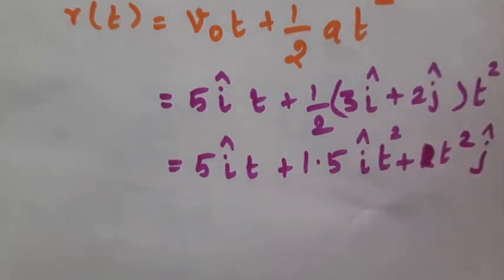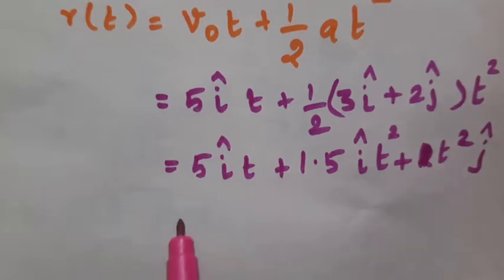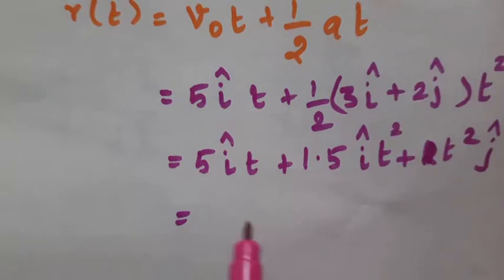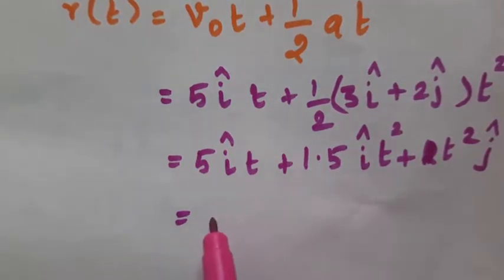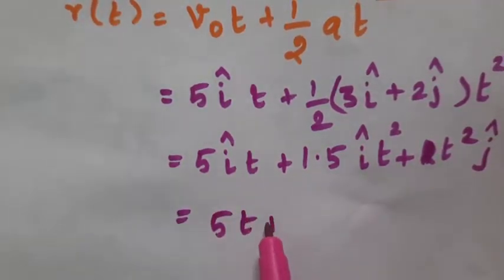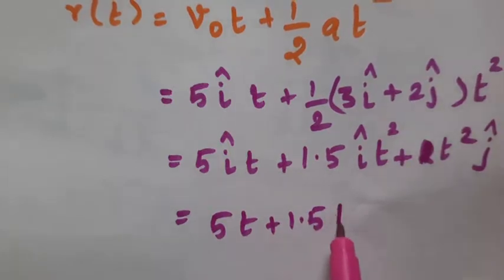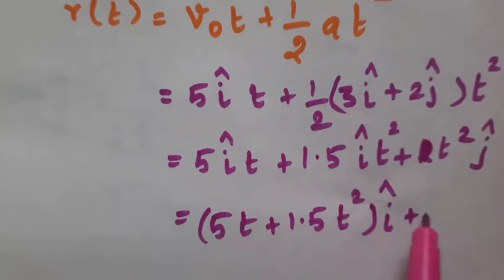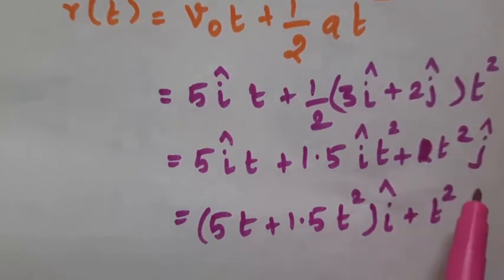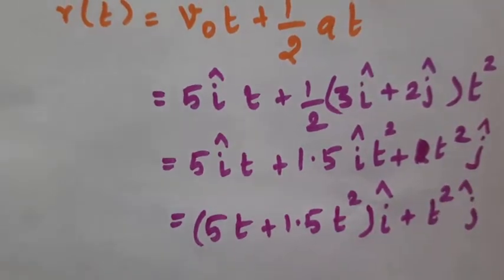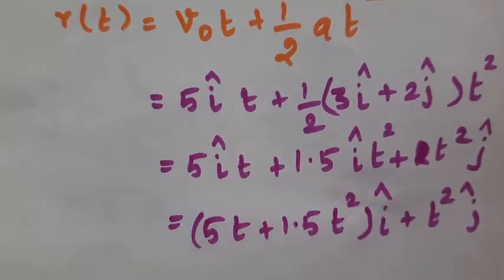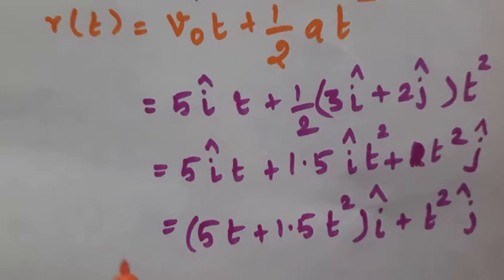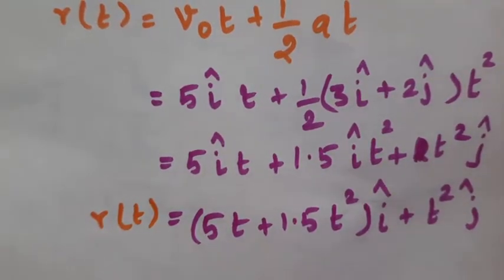Now combine the i coordinate separately and the j coordinate separately. So you get (5t plus 1.5 t square) i cap plus t square j cap. This is the r of t you are having.